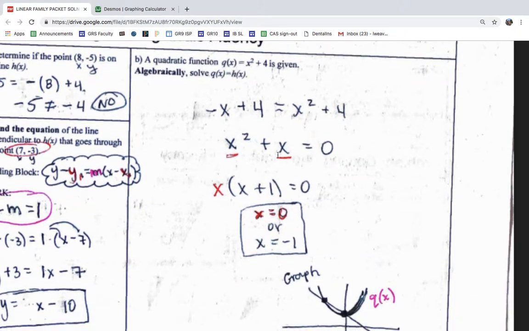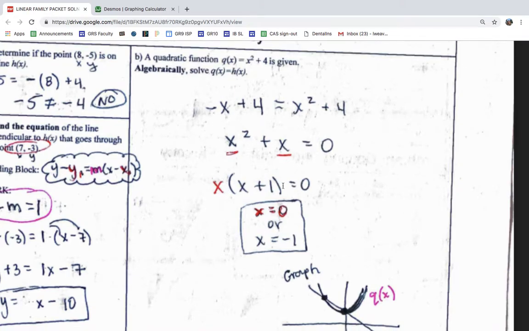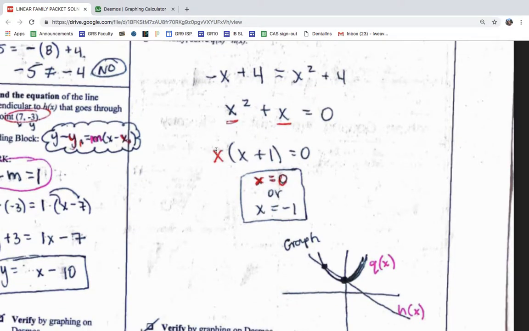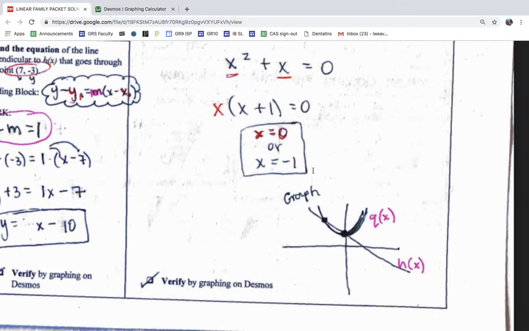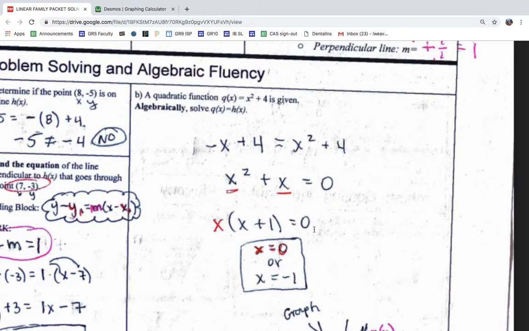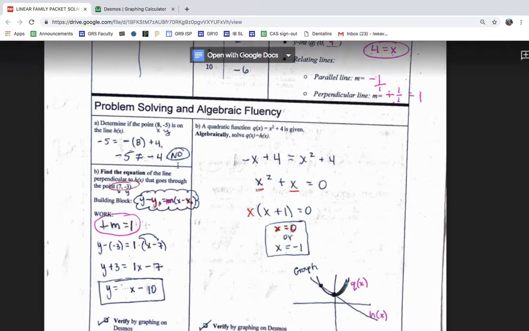And then these have a common term that I'm going to factor out. They both have an x. So I factor out an x, and I'm left with x plus 1. So therefore, either this equals 0, or this part equals 0, in which case x would be -1. -1 plus 1 is 0. And that matches my graphical solution. So I am done with my quadratic algebra.